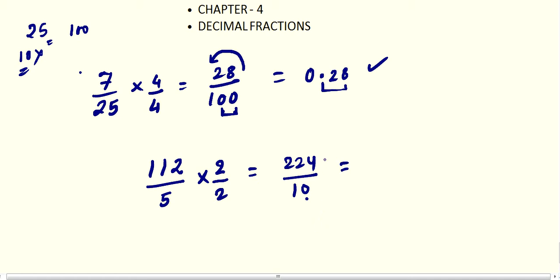So from the last I have to start the decimal. 1 0 means I have to take 1 jump. So 22.4 is the required answer. In the denominator we have 1 0, and after the decimal we have 1 place. So for this reason we are converting into decimal fractions, which are nothing but fractions having denominator 10 or a multiple of 10.